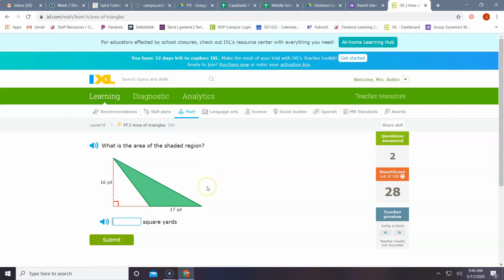So we can do, this is the formula that I've been using, which is the exact same, it's just written in a little different way. Base times height divided by 2.